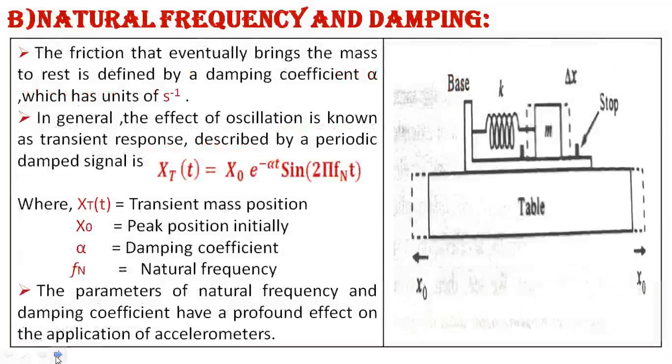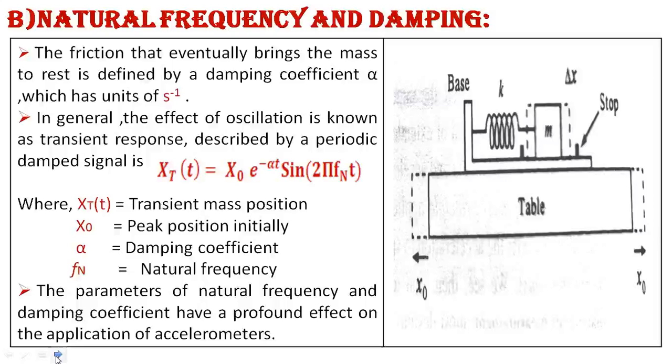The friction that eventually brings the mass to rest defines the damping coefficient alpha, which has units of per second. In general, the effect of oscillation is known as the transient response, described by a periodic damped signal x(t) = x0 e^(-alpha t) sin(2 pi fn t).